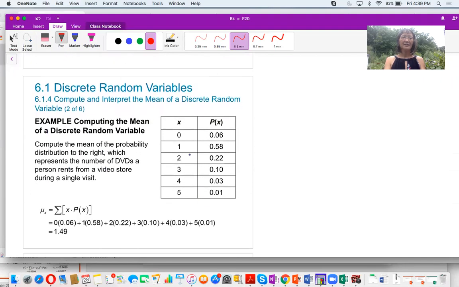So now let's do the calculation for the mean of a discrete random variable given this table here. What is the mean of a discrete random variable?